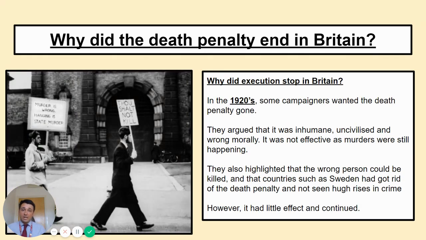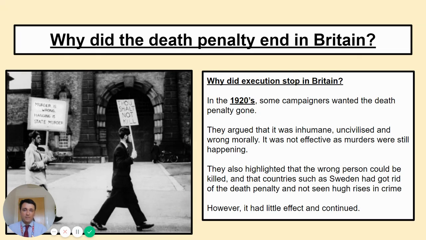So we move on to the 1920s, and some campaigners wanted the death penalty gone. There were some people in Britain that said actually it was inhumane, humans killing other humans. They said it was uncivilized, that we as a society should be able to deal with our problems in a more effective way. And they said it was morally wrong. They said it's wrong for the government to say it's wrong to kill people, but the government was killing people themselves.